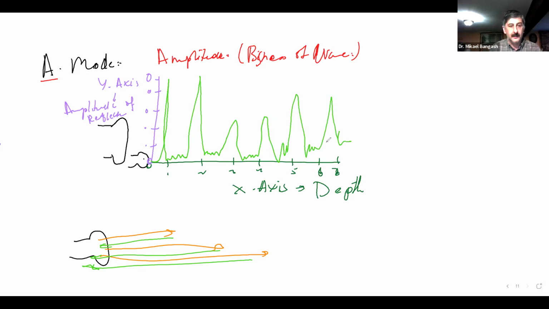So what did that tell us? From these depths here, for instance, what did we get? We get reflections that had a big amplitude, and that's how they're displayed, by big vertical graphs.